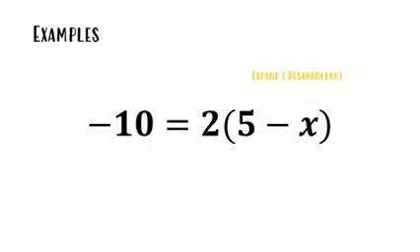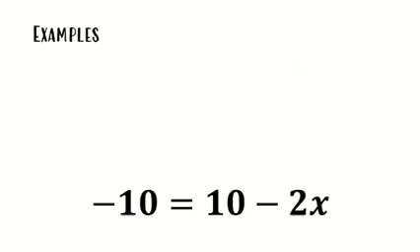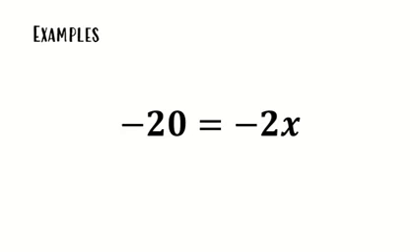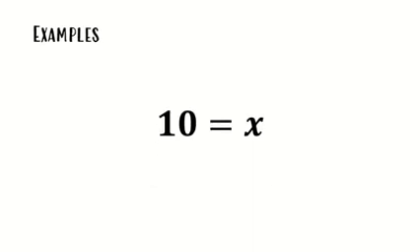And then we would expand, or in Spanish, desarrollar, the right side, and multiply the 2 throughout the expression on the right. So minus 10 is equal to 10 minus 2x. And then finally, you would get minus 20 is equal to minus 2x. You multiply both sides by minus 1. 20 is equal to 2x, and then divide both sides by 2. X is equal to 10.